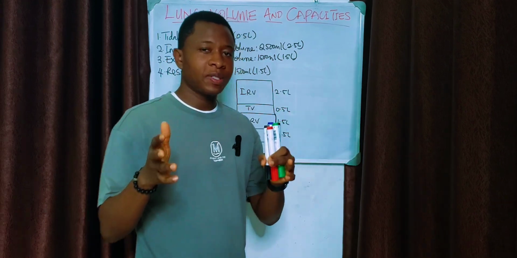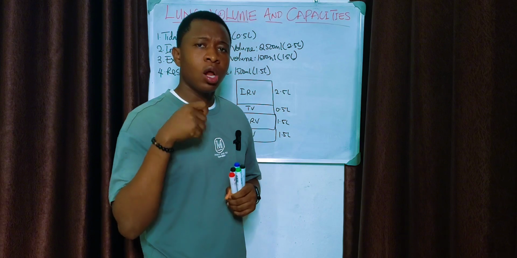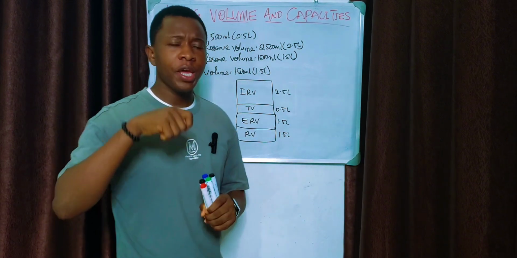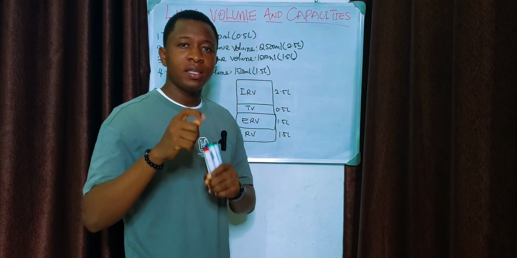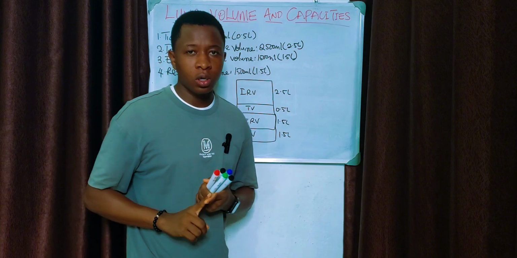Now, looking at the capacities, most times when a patient presents with certain lung disease, if the capacity is known, then we should be able to ascertain if it is a restrictive lung disease or an obstructive lung disease.